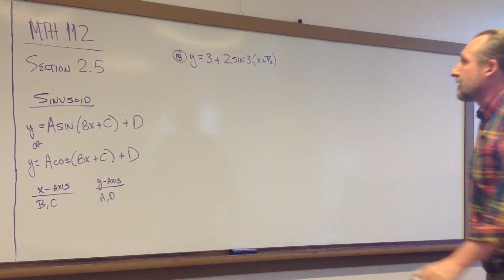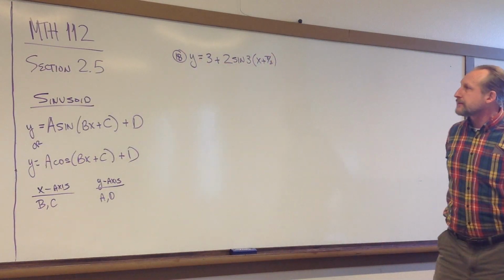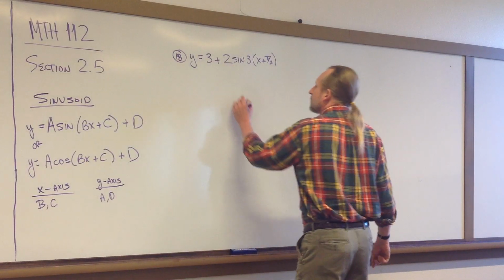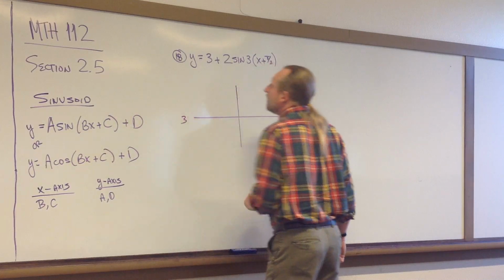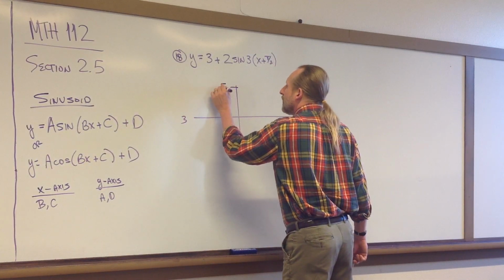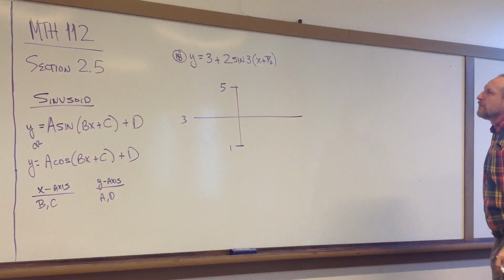And also notice that the value for d is in front rather than being in back. All right, let's see here. On the y-axis, first off, our value of d is going to be 3. The amplitude is 2, so that means we'll go up to 5, and we'll go down to 1.